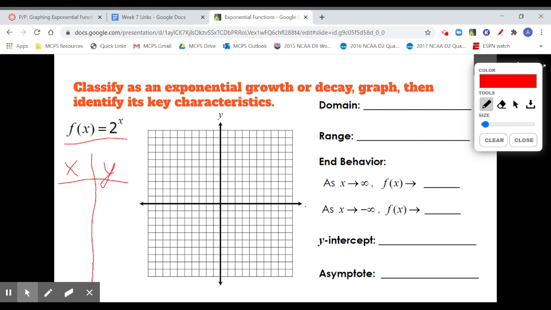What I like to do is always make sure you have at least one negative value, one positive value, and plug in 0 as well. I want the exponent to be negative, I want the exponent to be 0, and I want the exponent to be positive. I'll clarify why I said that instead of just x in a moment. But in this case, I'm going to go with -2, 0, and 2. Those are not the only values that would work here.